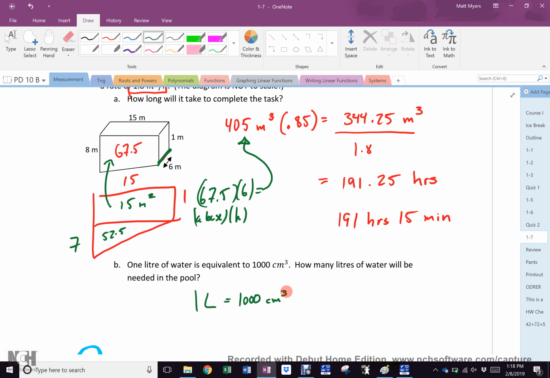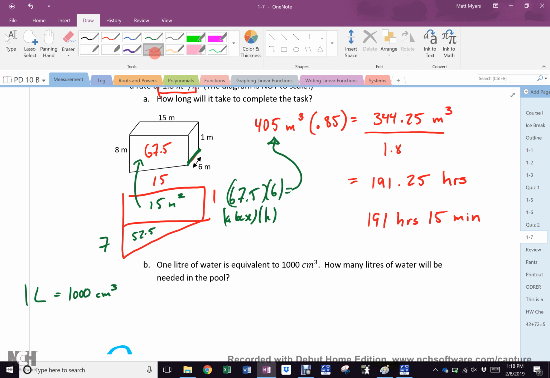Excuse me. I have my pool in meters cubed, don't I? So, I'm going to just slide this off to the side. I have 344.25 meters cubed, yes? But I do not want meters cubed.